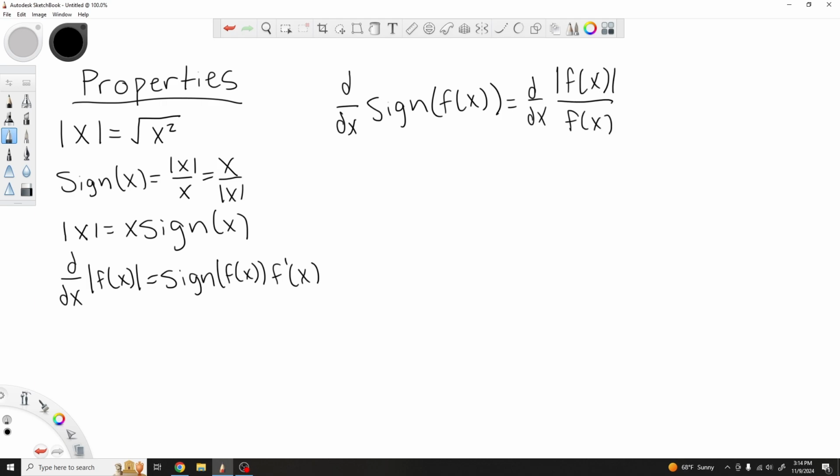And now since we know the derivative of the top and the bottom, we can use quotient rule to evaluate this. So we'll get that this is equal to f of x, and then the derivative of absolute value of f of x is sine of f of x times f prime of x, minus absolute value f of x times f prime of x.